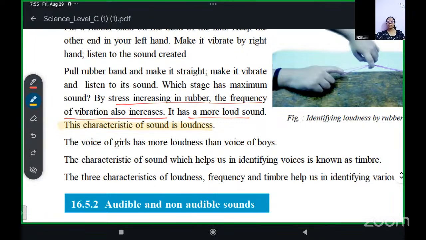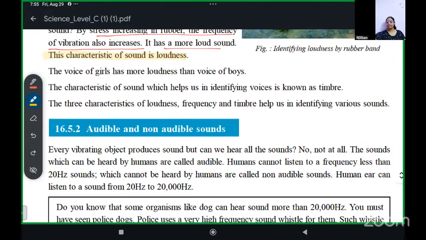Then the voice of girls has more loudness than the voice of boys. The characteristic of sound which helps us in identifying voices is known as timbre. Girls having more loudness than boys means they have a higher pitched voice, and boys have a lower pitched voice compared to the girls.